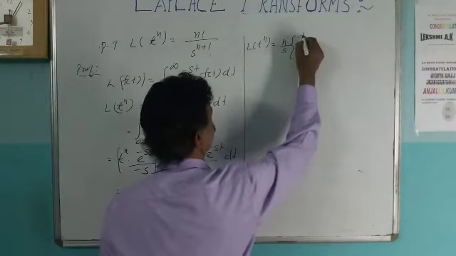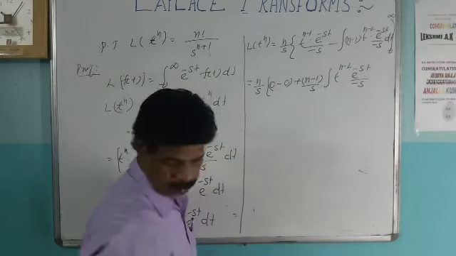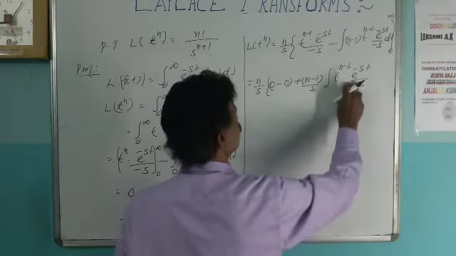Is it clear? No problem. Then apply the limit 0 to infinity. That is equal to n by s out of: apply this, e raised to minus infinity is 0, and at 0 it is also equal to 0. The first part is 0. Minus into minus gives plus n minus 1 by s into integral t raised to n minus 2 e raised to minus st by s dt.